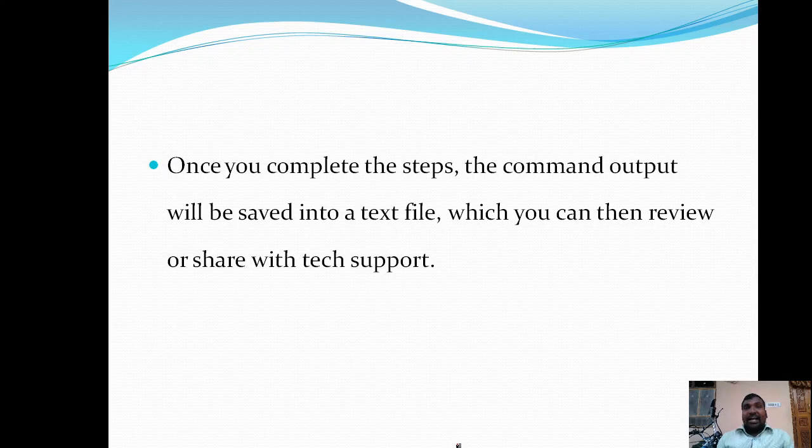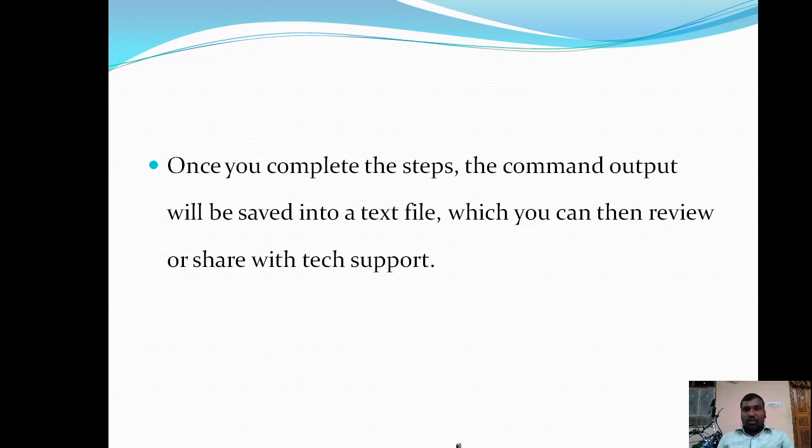Once again I am repeating the process. If you want to view the system specification details with the help of command prompt, open the command prompt with administrative privileges, then type systeminfo to get the entire system configuration details.